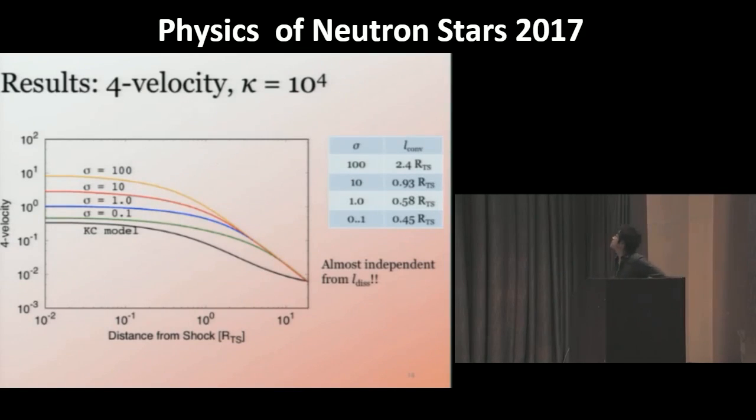Okay. And the four-velocity is very fast for large magnetization, but it decreases with the distance from the shock, because we include this parameter.